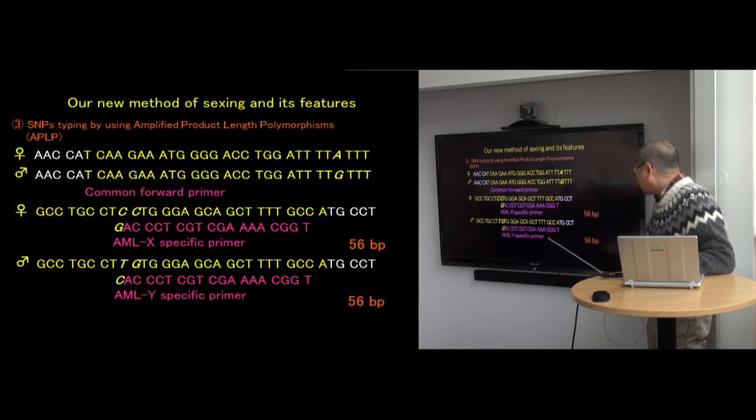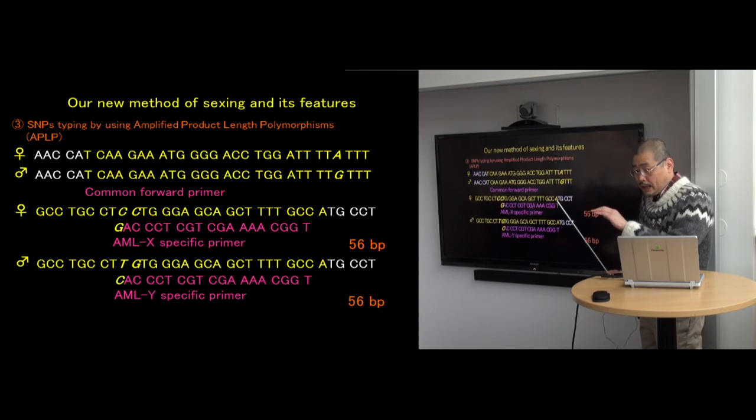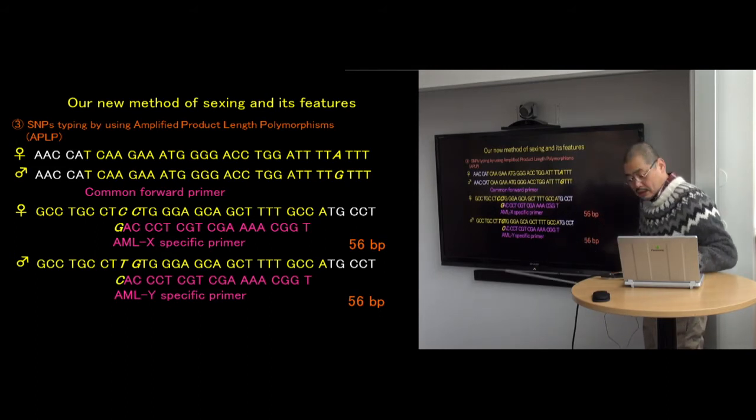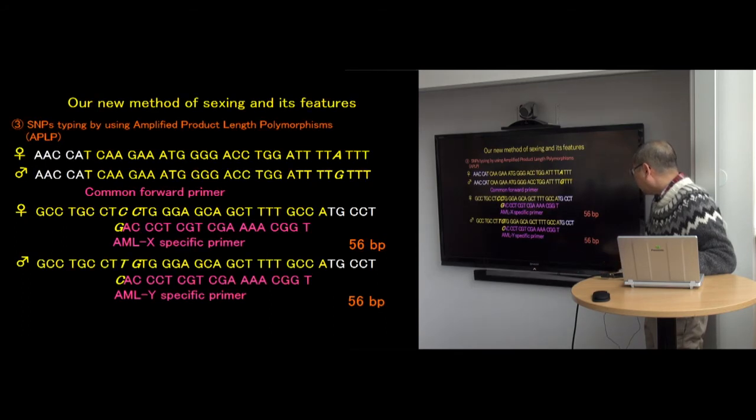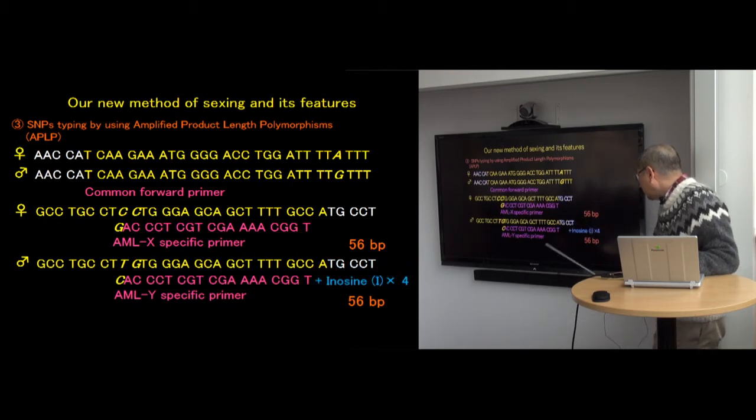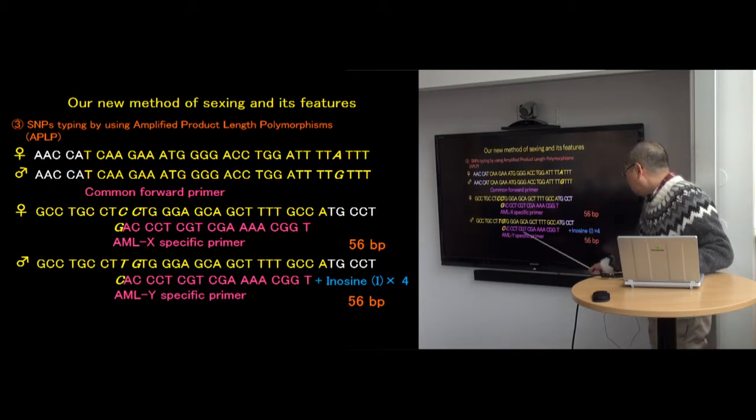To identify the sex, if we electrophorese these amplicons, the length is the same, so we cannot identify which chain it is. So, to make a difference between the two amplicons, we add four bases of inosine to the amelogenin Y male-specific primer.